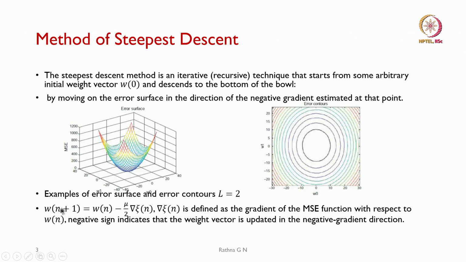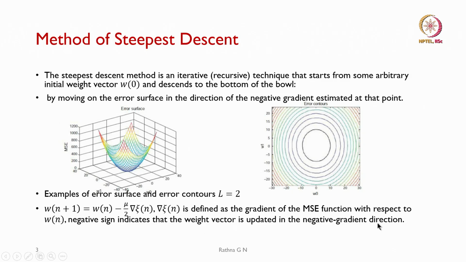The future weight update, n plus 1, is done with the current weight minus mu, our step size, as you can see in the error surface how you will be coming down, and then the gradient vector eta of n. That is what we call the gradient of the mean square error function with respect to our weight function. The negative sign indicates that the weight vector is updated in the negative gradient direction.